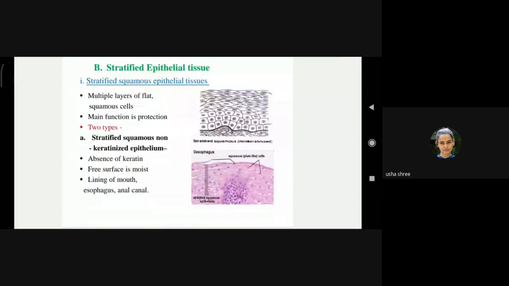First of stratified epithelial tissue is stratified squamous. Squamous will be flat. In case of simple also we have studied that squamous simple was flat. So squamous stratified will also be flat, multi-layered but flat.